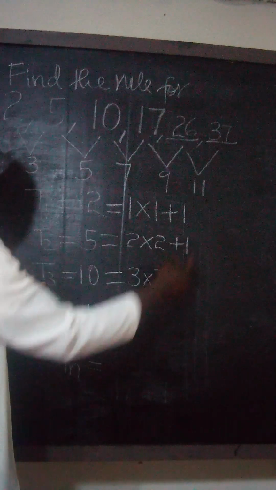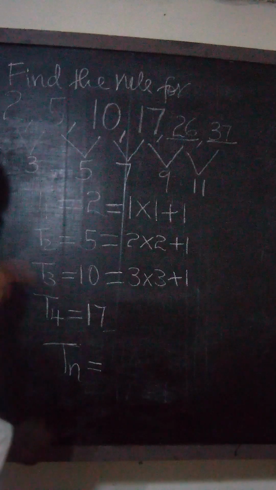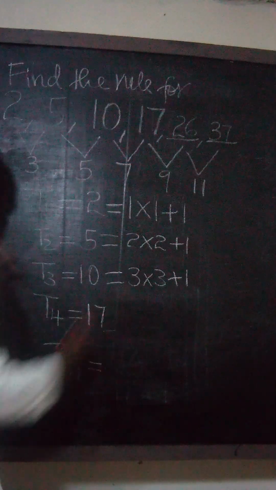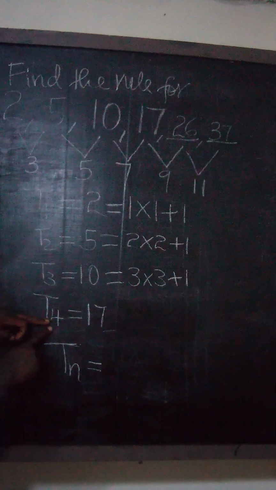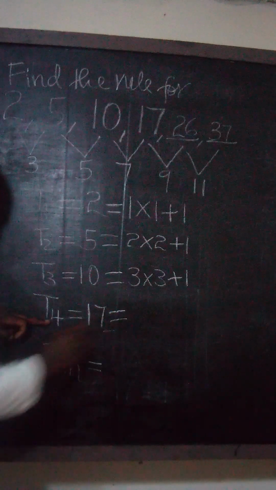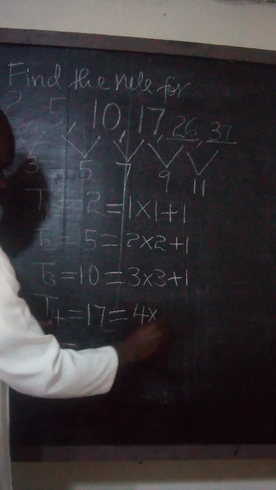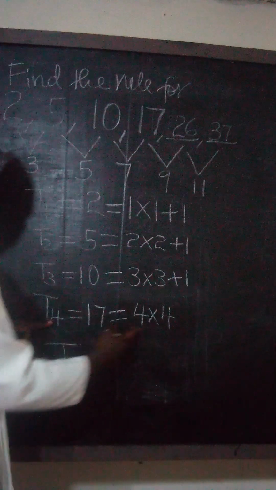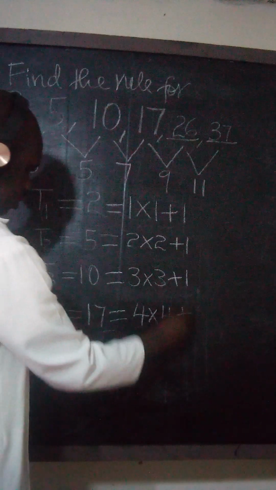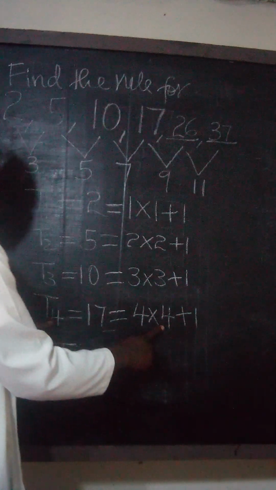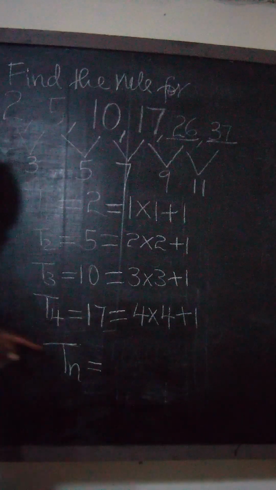So there is a constant value, 1, that we are adding. Then the fourth term, which is 4: it will be 4 times 4, then plus 1. 4 times 4 is 16, plus 1 is 17.